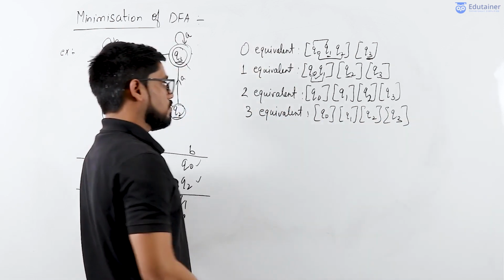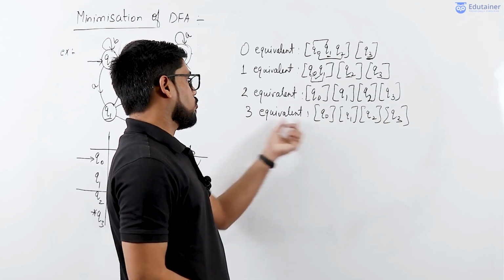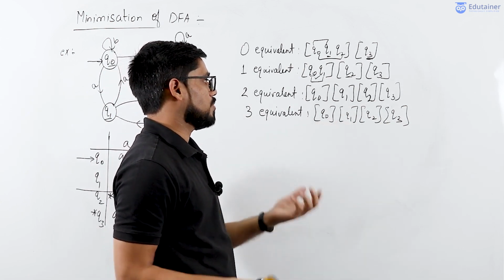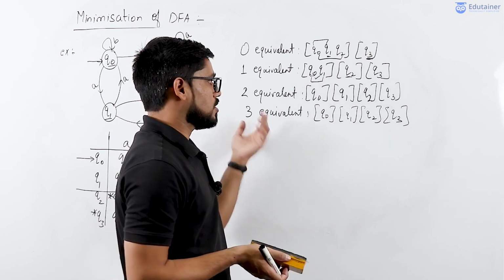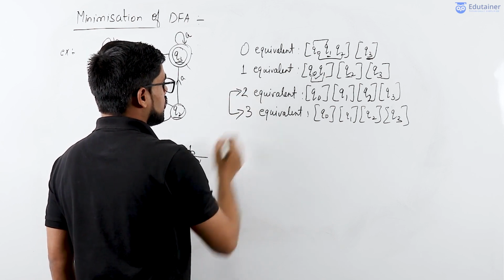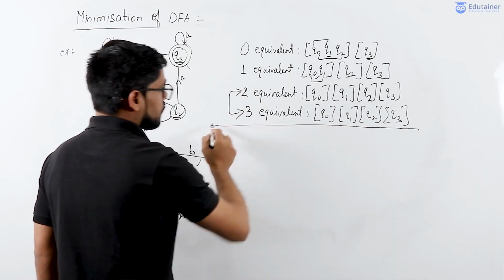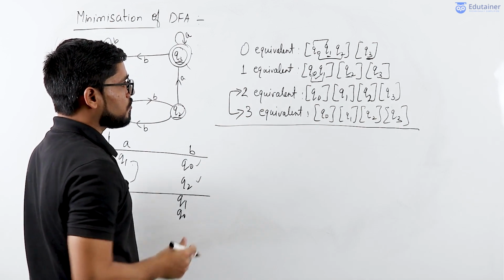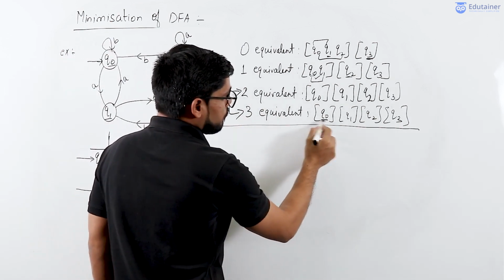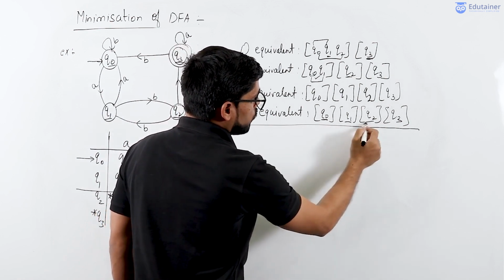How can you find an equivalent set in which two separated states come together in a single box? This is not possible. So definitely two equivalent and three equivalent are the same. So we have to stop this procedure.